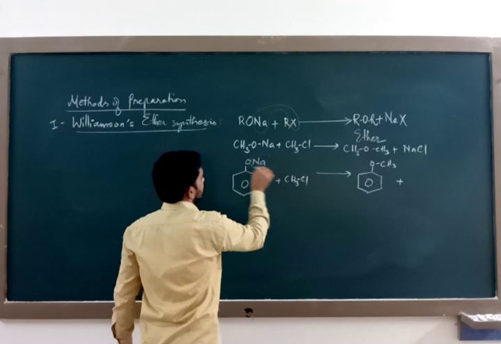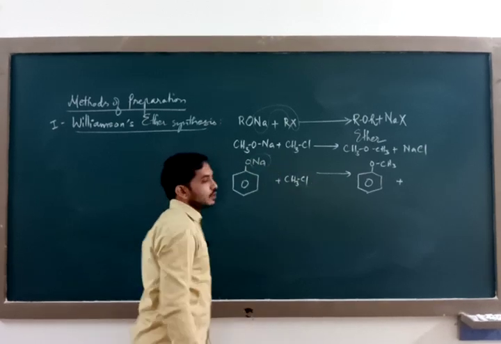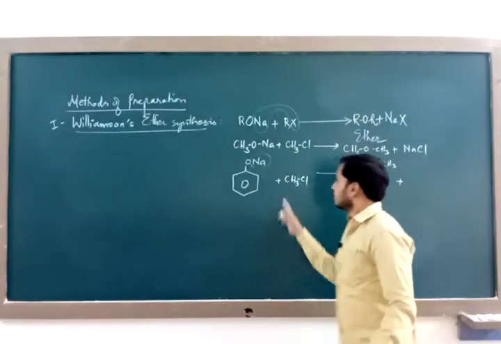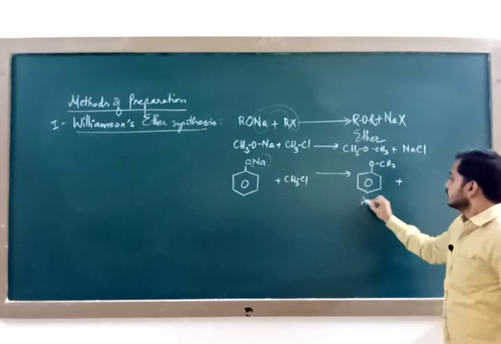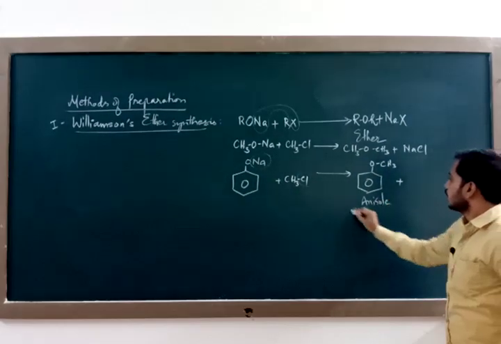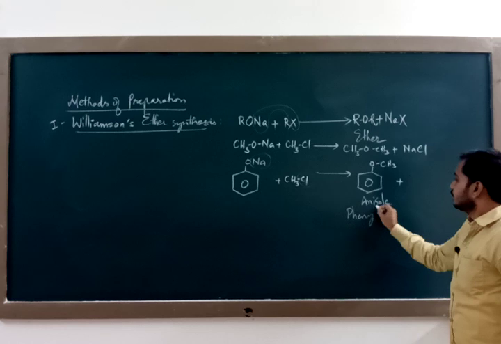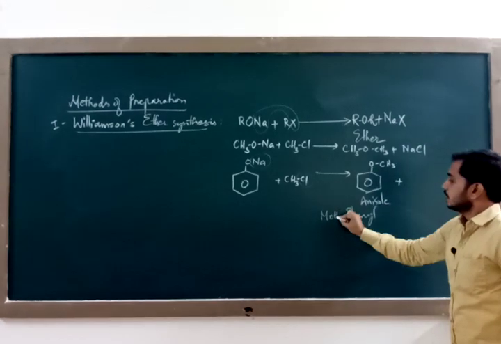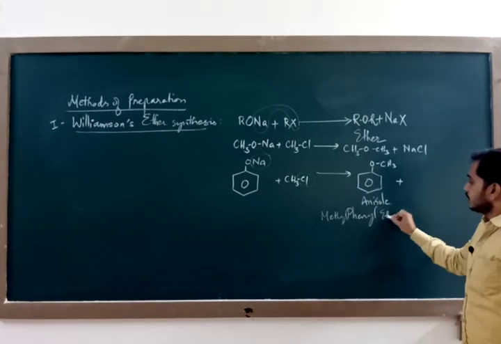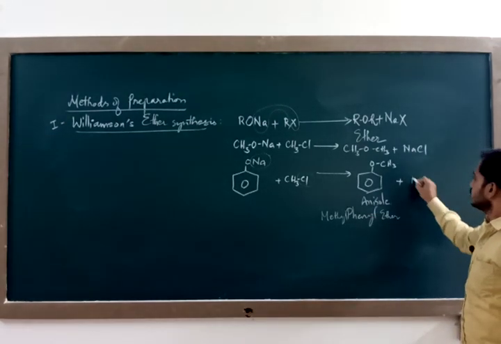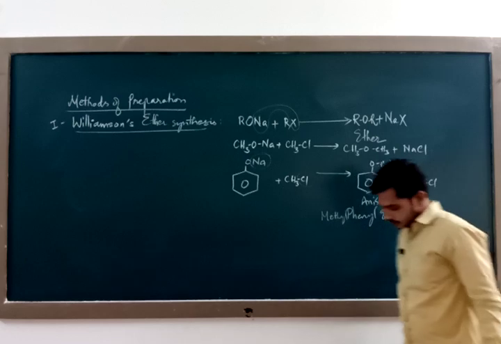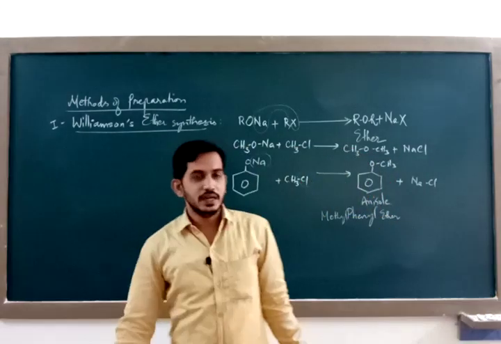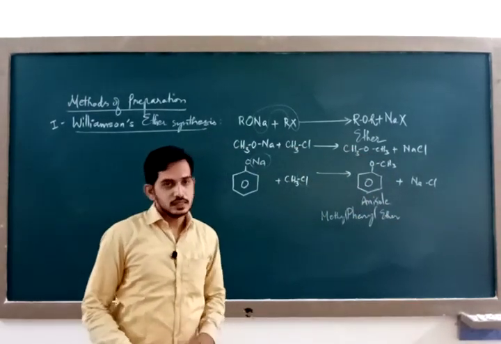Sodium phenoxide with CH3Cl. So Na and Cl will go, leaving behind OCH3, that is anisole or methyl phenyl ether. What is the other product? NaCl. So this is one method, Williamson's ether synthesis.